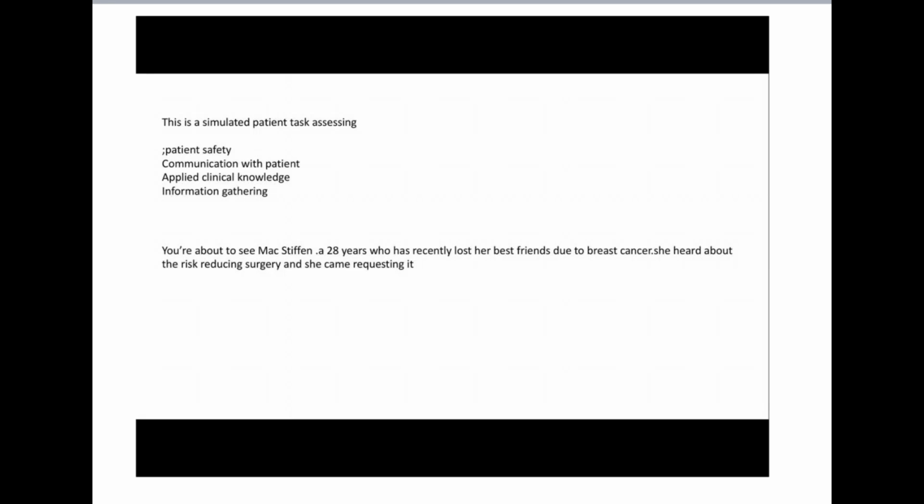So she is coming to request, and insist on her request, to remove both ovaries to be free of cancer. So this is one of the stations. I will show you the other type of station that may come.